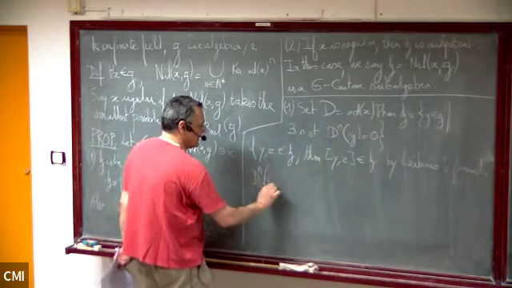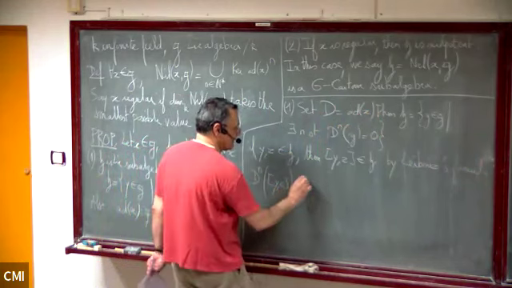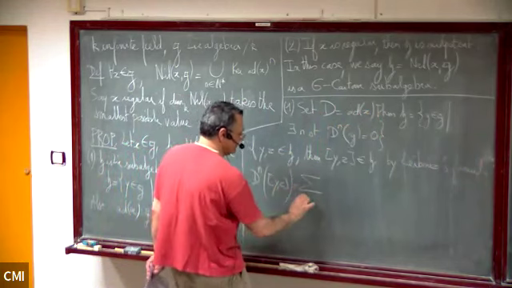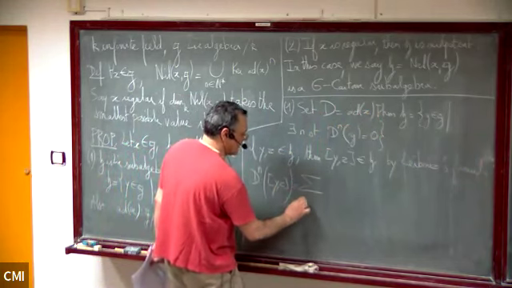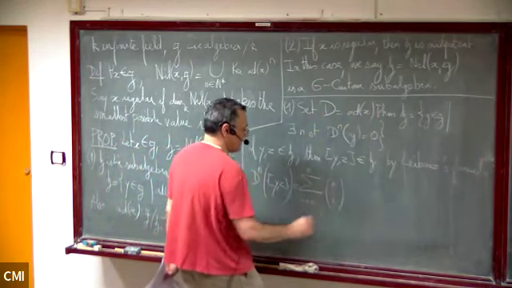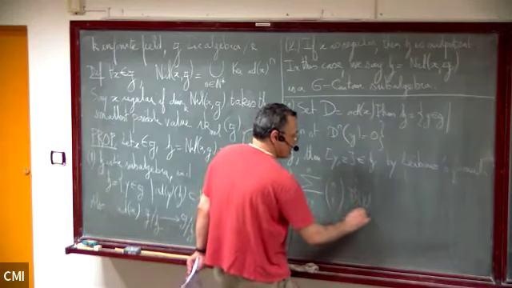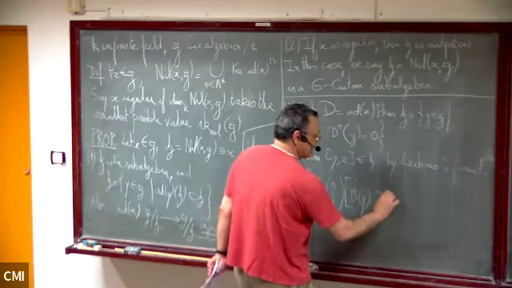So if we apply D^n to a Lie bracket, this is a sum for i equals 0 to n of n choose i, D^i of y, bracket D^(n-i) of z.